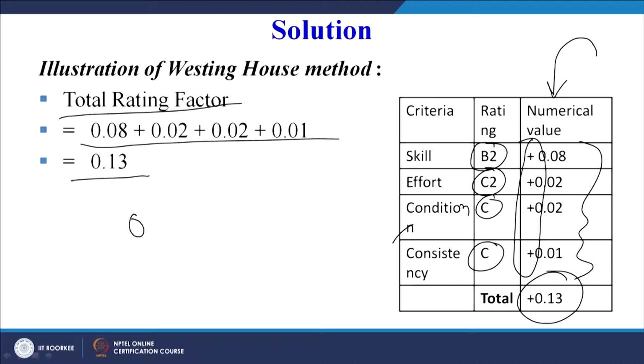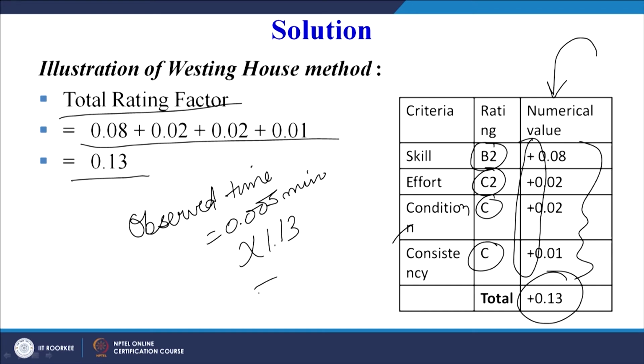So what we need to do now is multiply the rating factor with the observed time, and the observed time, as all of you know, is already given in the problem, 0.005 minutes. Now the rating factor is also known to us, 1.13, and we will get from here the normal time.